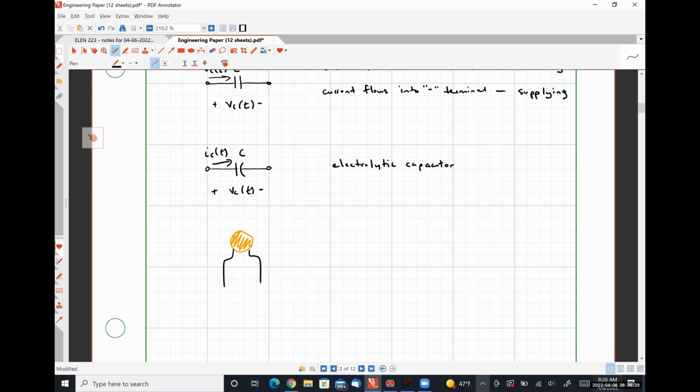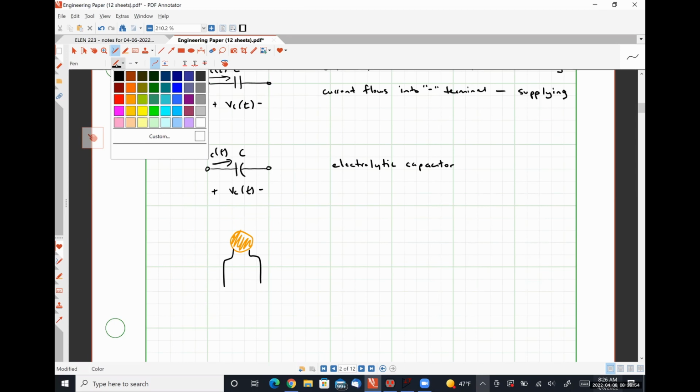There's usually some writing on the capacitor indicating the brand, if there's enough space, because some of these little circular things are maybe a millimeter or two in diameter. So there's not a whole lot of room to print things, but this is typically what a non-electrolytic capacitor would look like.